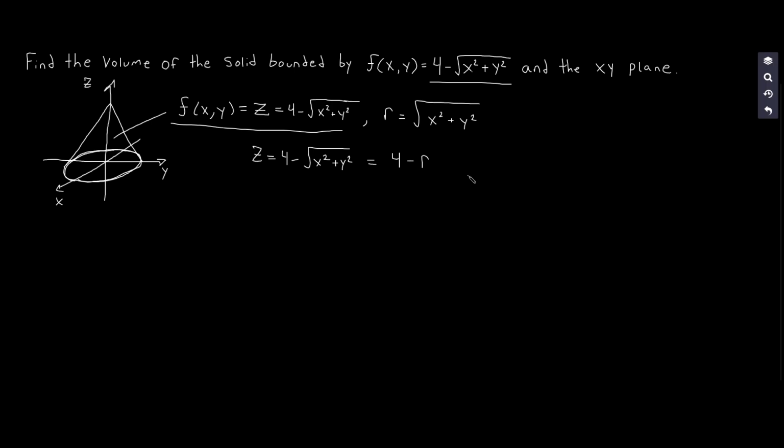And so if that's the case, 4 minus r, that's going to be f of r and theta.